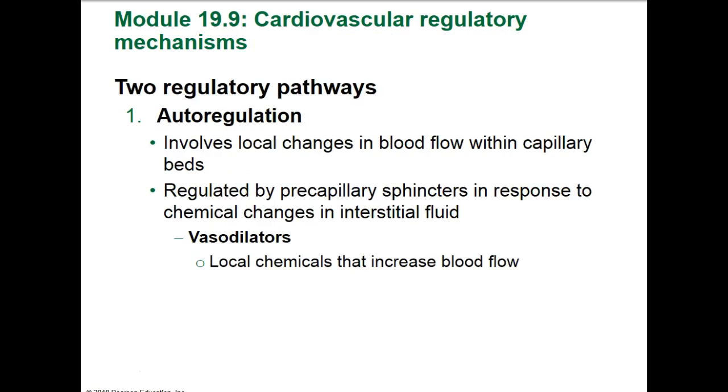So let's look at autoregulation. Again, this is local changes in blood flow within capillary beds. The way we regulate it is by the precapillary sphincters, and they're responding to certain chemical changes in the interstitial fluid.